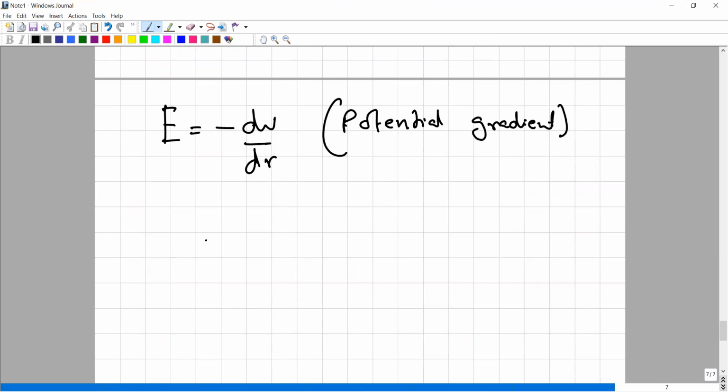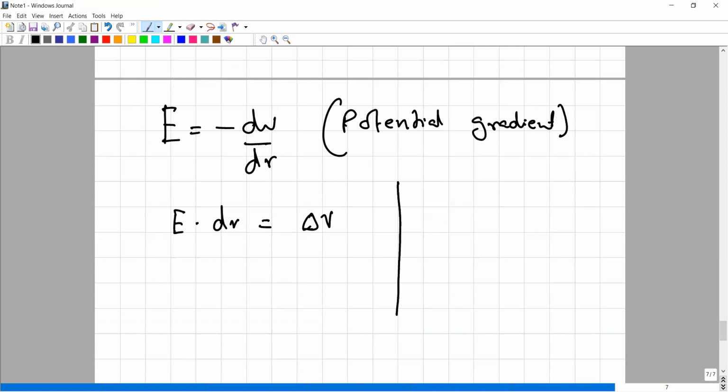This can also be understood as E dot dr is equal to dV, where dV is the potential difference, delta V, and dr is the distance between the 2 points.